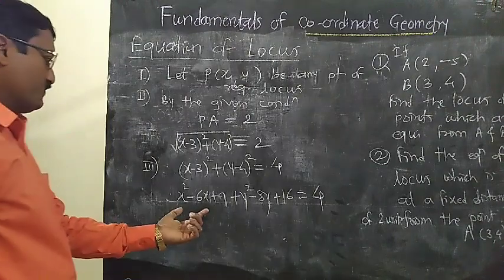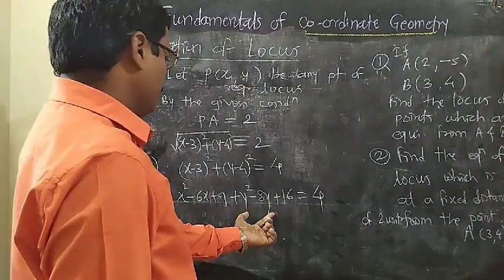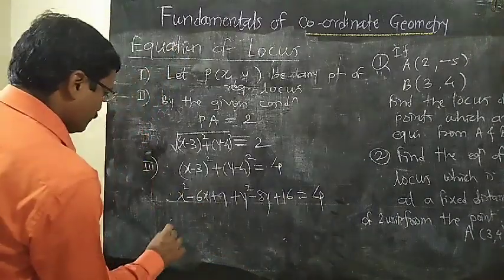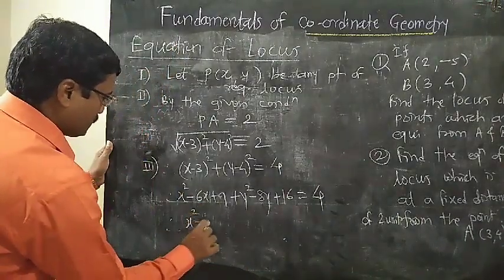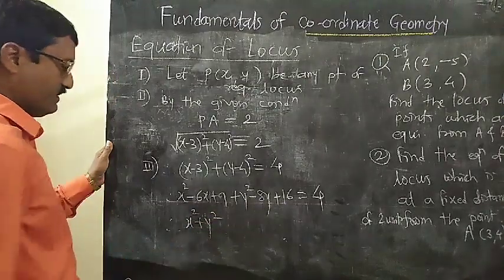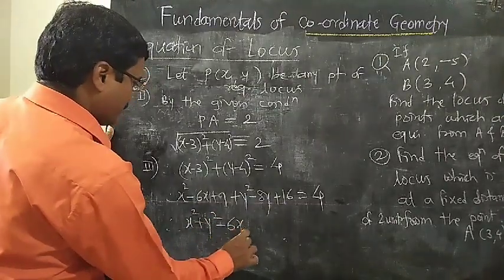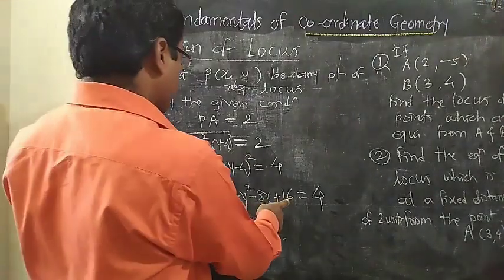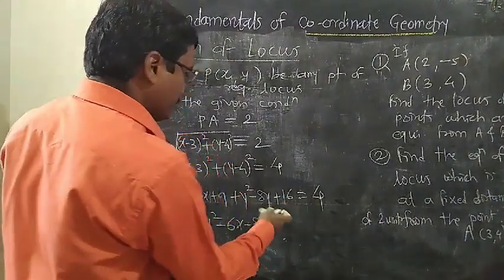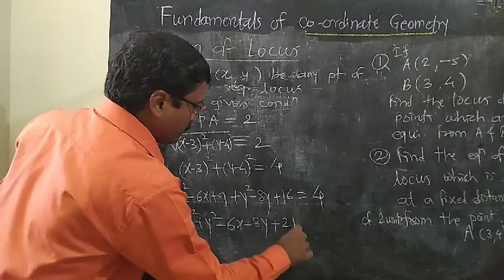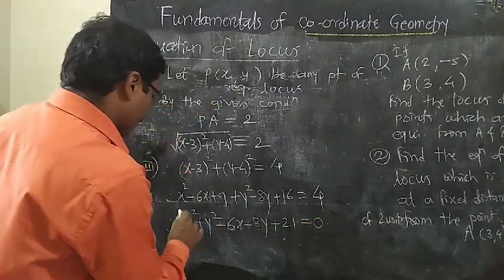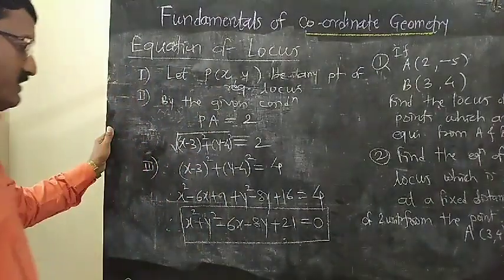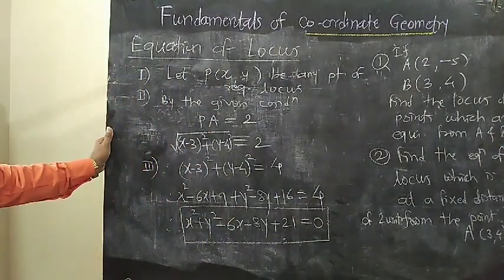So here these terms, x square, x, y square, y, remain as they are. We can simplify only these constants. So we get x square plus y square minus 6x minus 8y plus 9 plus 16, that is 25. 25 minus 4, that is 21. So we get 21 equal to 0. So this is the simplified condition and is the equation of the required locus.